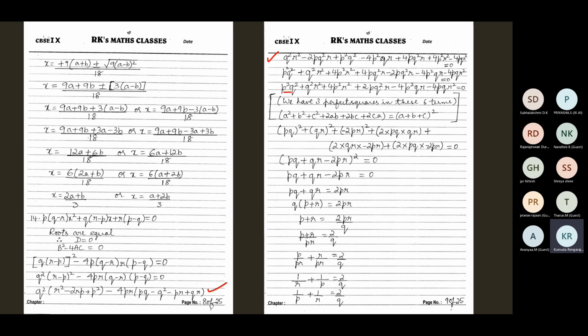See here, p square q square is pq the whole square. This is qr the whole square. This is 2 times pr the whole square. Put it in the order pq, qr, pr, like ab, bc, ca. And then these are the 2ab, 2bc, 2ca terms.